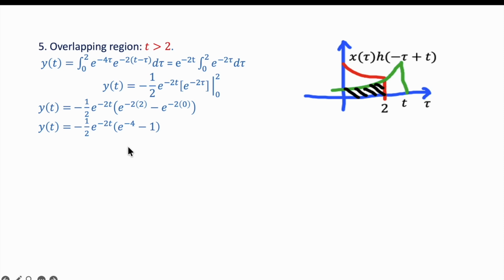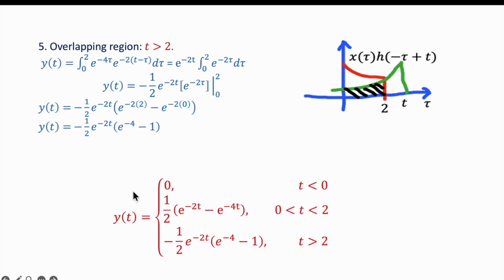So it means that you have three values of y of t. y of t will be equal to 0 if t is less than 0, and y of t is equal to half e raised to minus 2t minus e raised to minus 4t if t varies from 0 to 2. But the value of y of t is equal to minus 1 by 2 e raised to minus 2t times e raised to minus 4 minus 1 when t is bigger than 2.